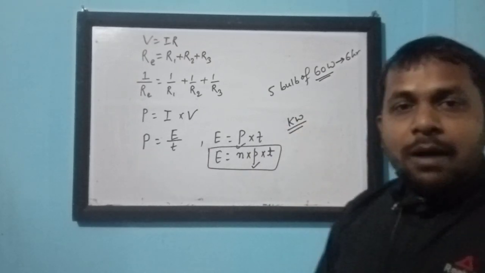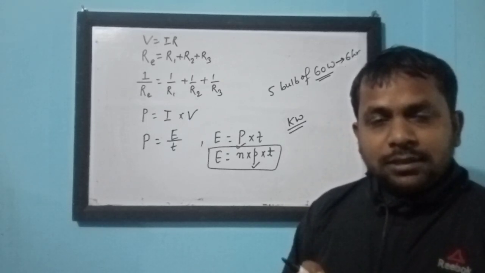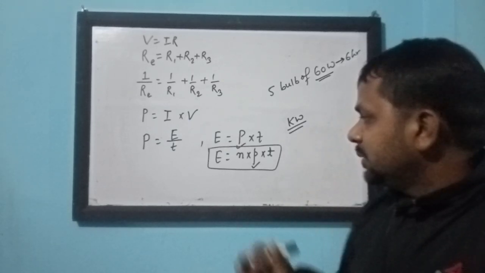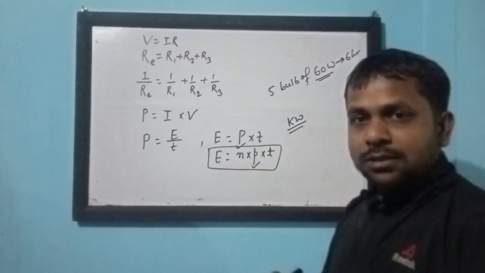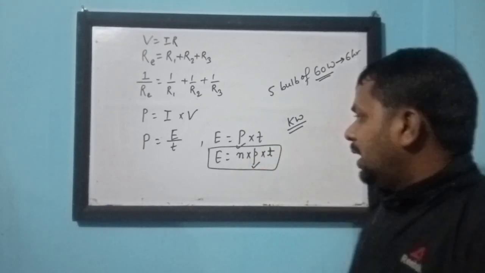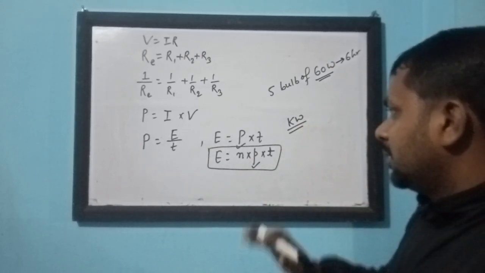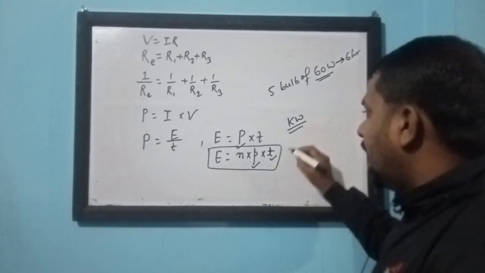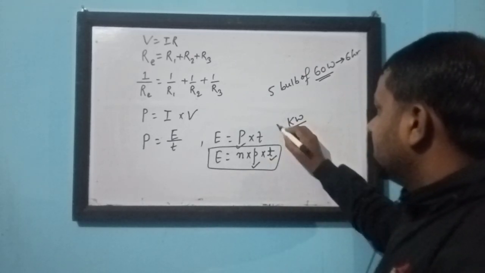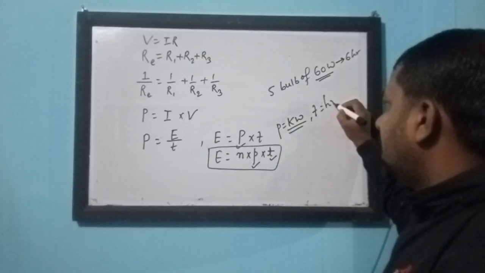Normally the power of any instrument is written in watt, that is the SI unit, but for doing this special numerical we have to keep the power in kilowatt. Why we are keeping, let us understand. And this time should be in hour. Power will be in kilowatt and time should be in hour.